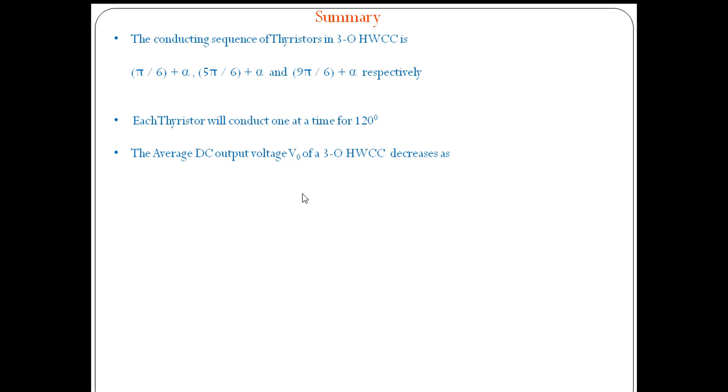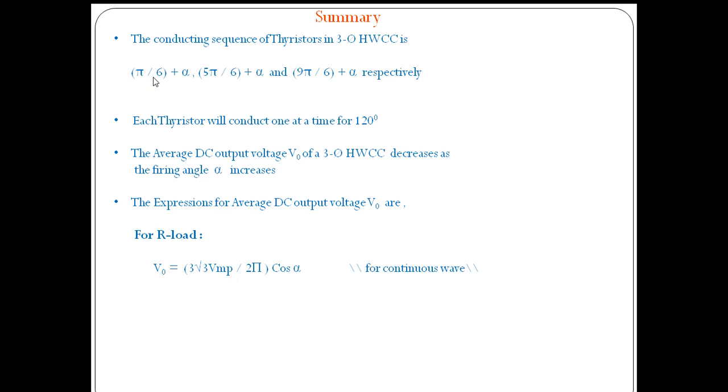In this lesson, we have discussed that the conducting sequence of the three-phase half-wave controlled converter is pi by 6 plus alpha, 5 pi by 6 plus alpha, and 9 pi by 6 plus alpha respectively. Each thyristor will conduct at one time for 120 degrees. The average DC output voltage V0 for the three-phase half-wave controlled converter decreases when the firing angle increases.